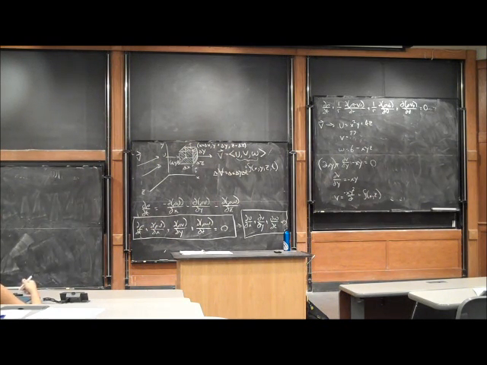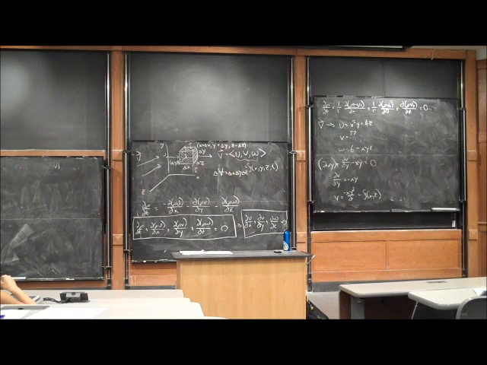If I want to, I can redefine how we look at velocity. If I say that there is some function, which I will call psi, which is a function of x and y.